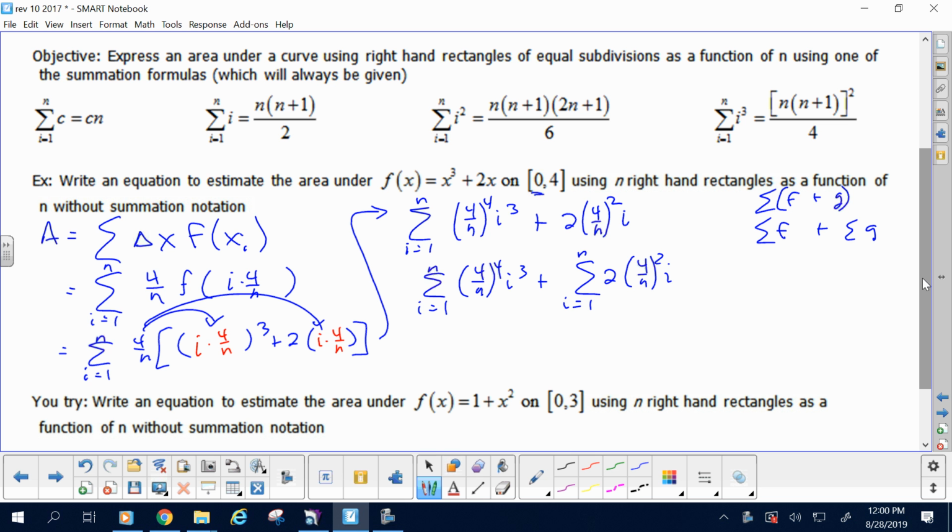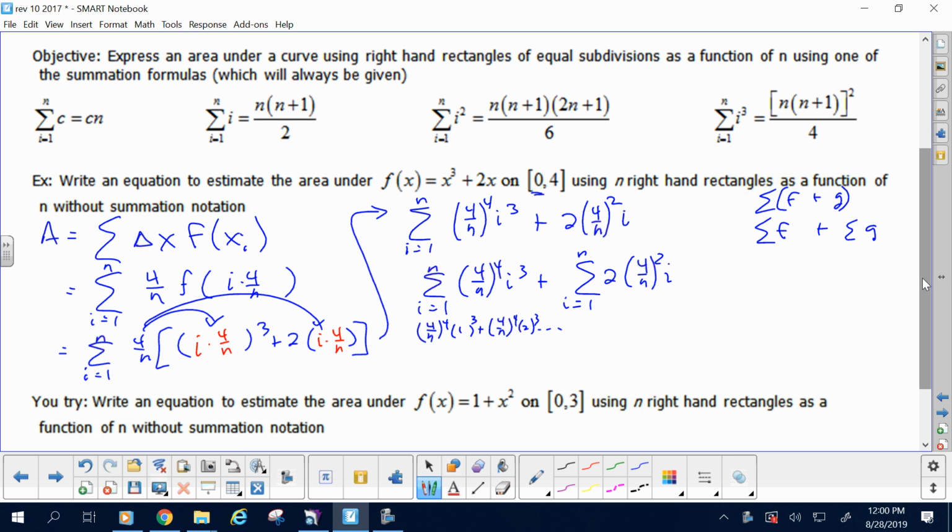Side note here, if I were to expand this, wouldn't this be 4 over n to the fourth, and when 1 goes in for i, it would be 1 cubed. Then I'd have 4 over n to the fourth, and when 2 goes in for i, I'd have 2 cubed, and so on, yeah?